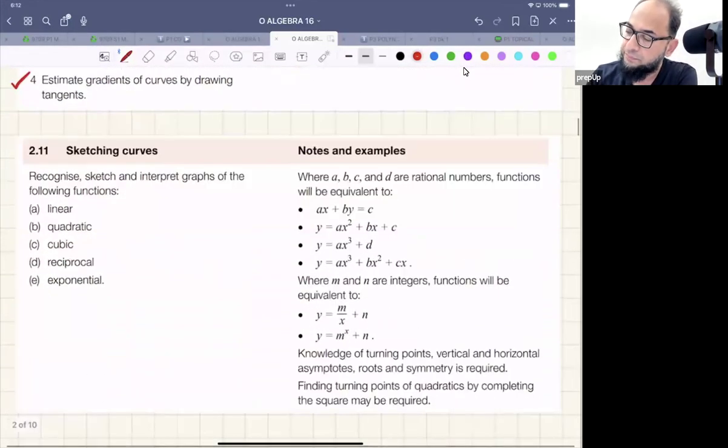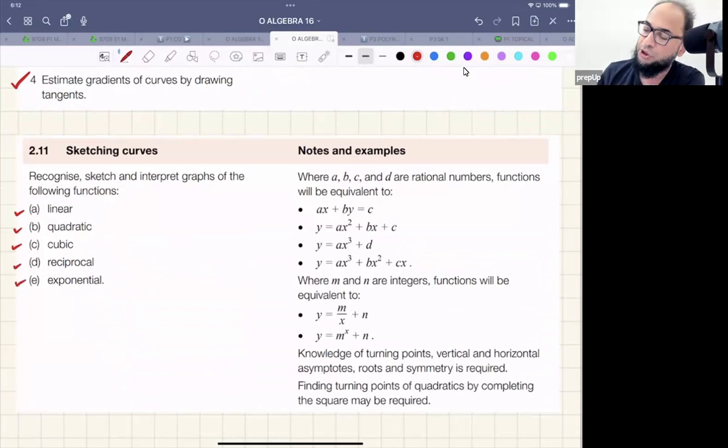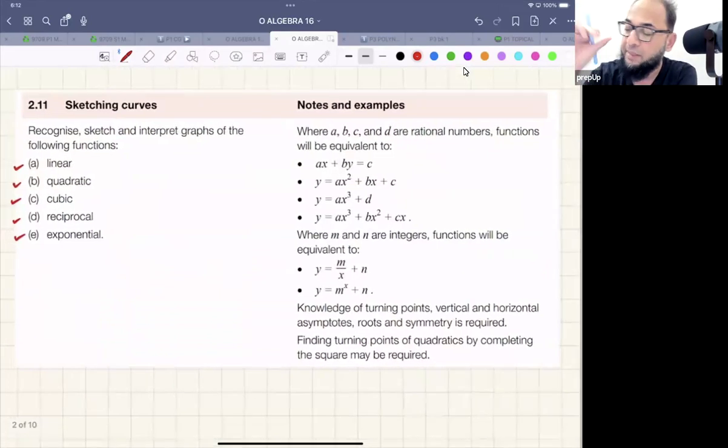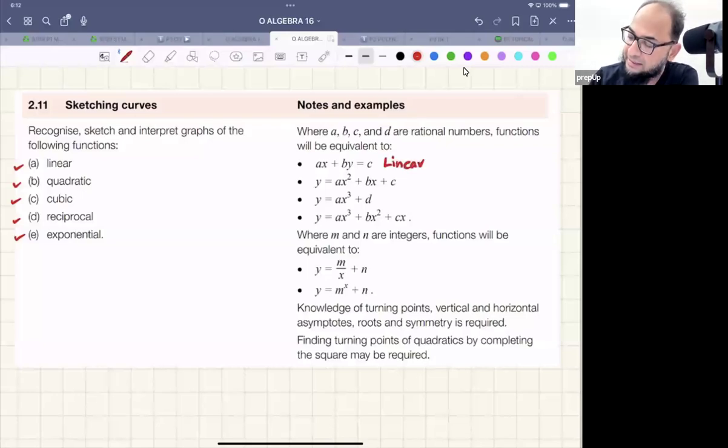Sketching curves. We have done linear, quadratic, cubic, reciprocal, exponential, but we have to do a little bit more. This one, ax plus by equals c, is linear. This is done. This is quadratic. This is done. This is cubic, but it's not completely done.